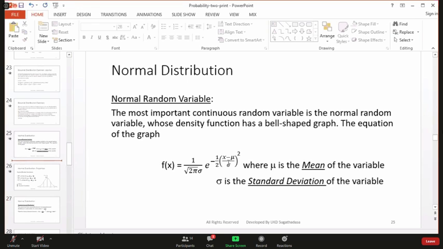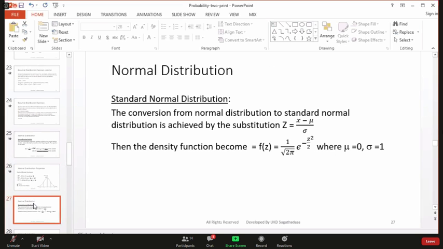New variable, then x also changes to Z now. See the change here? f(z) equals 1 upon square root of 2 pi, exponential of minus z squared by 2. Now you can put x instead of z, but normally we are not putting x because we have converted this one assuming mean is 0.